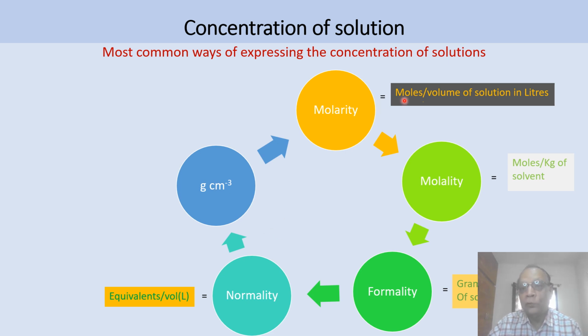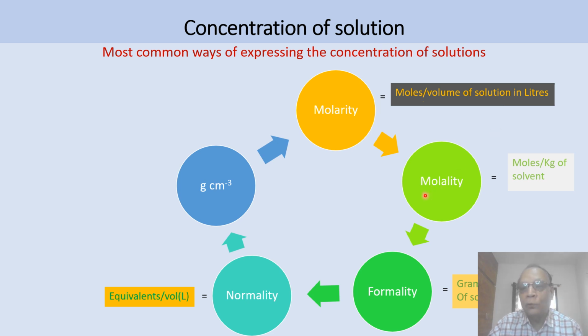So number of moles divided by volume of solution in liters. If number of moles is 1 and the volume of solution is 1 liter, molarity is 1. We will see these things used in practical examples as we proceed in the lecture.